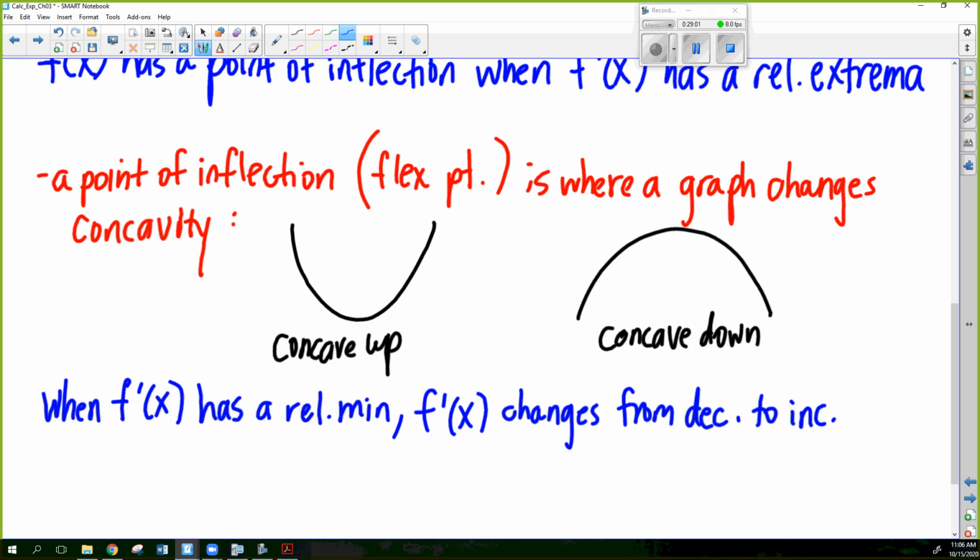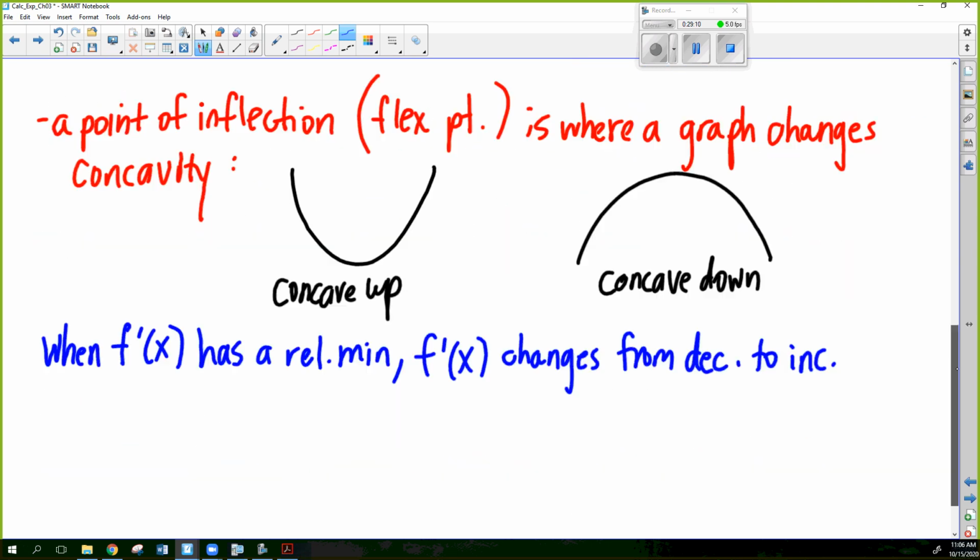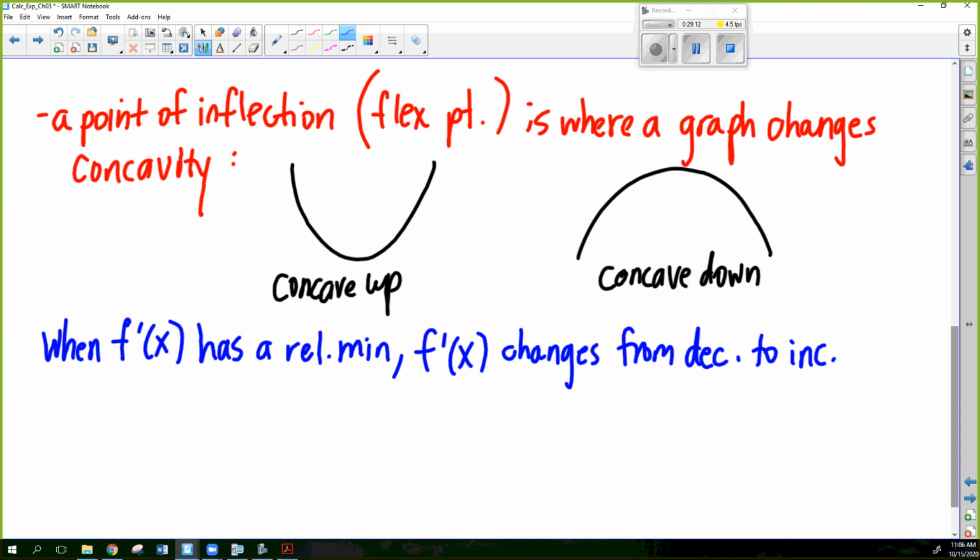I need to make sure I say this the right way because I don't want to confuse you. So remember, the minimum on the derivative is a flex point on f.